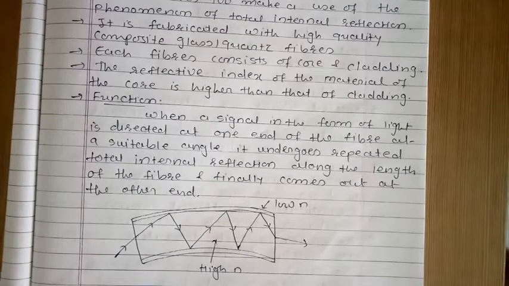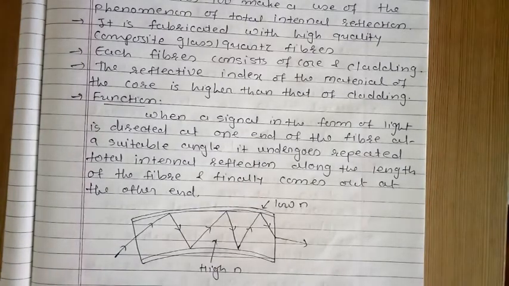But the main requirement in fabricating the optical fiber is that there should be very little absorption of light, because here we have to transmit the light a long way. So we have to design optical fiber such that there will be very little absorption of light.